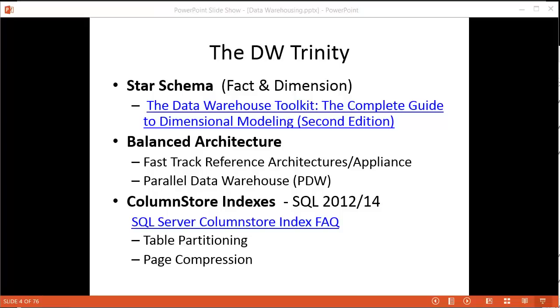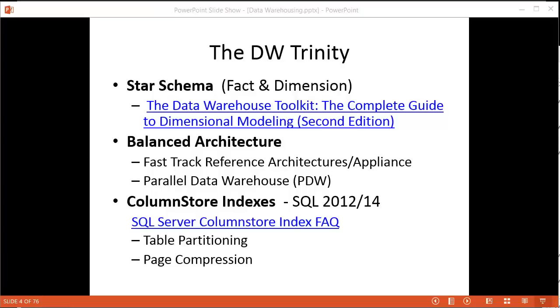This is what I call the data warehouse trinity, meaning that these are 3 fundamental principles that, if followed, act as a synergy, where all 3 exponentially increase the performance of the others if used in concert together. If any one of these 3 is lacking, you'll still get pretty good performance, but it'll always be limited.